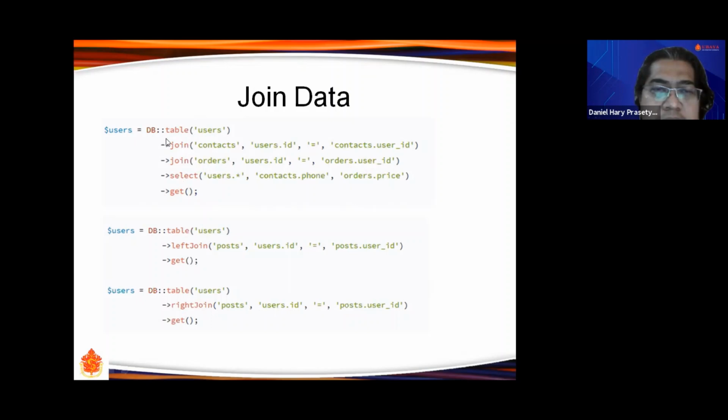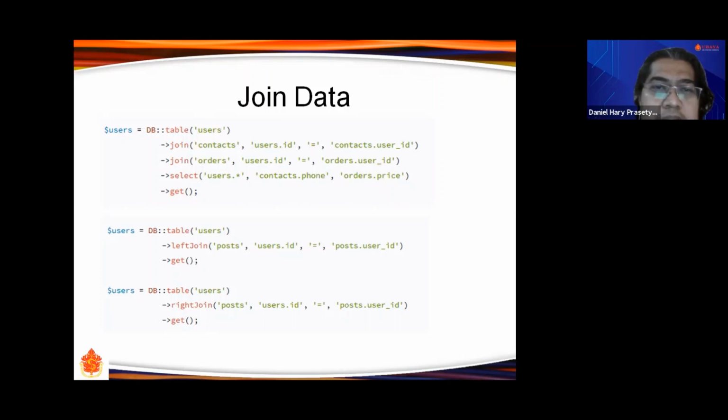This one actually, if you use join, you actually give it an inner join method. Inner join means, for example, if users join with contact, the contact and the user must have a row.